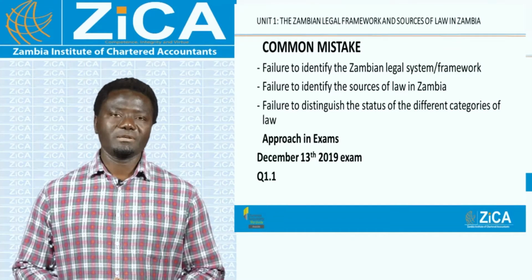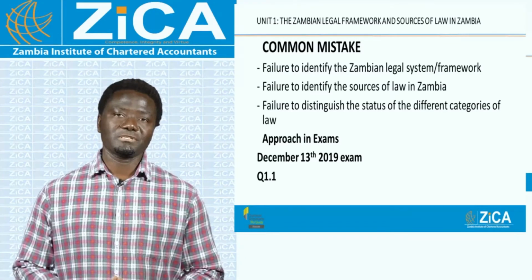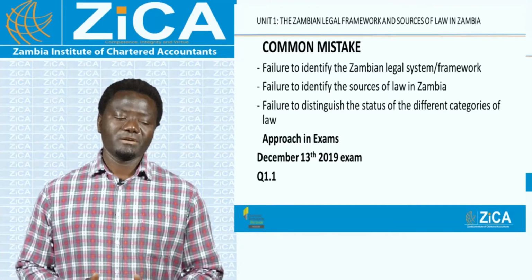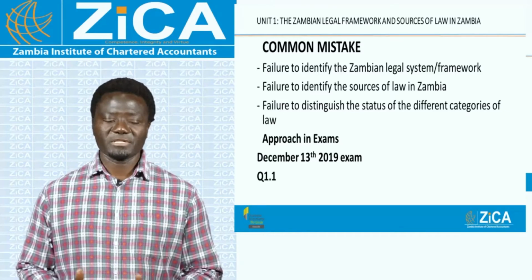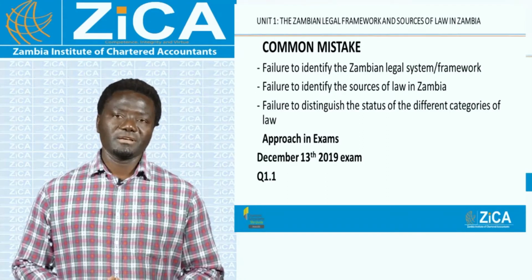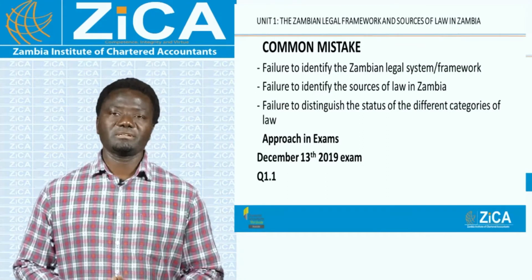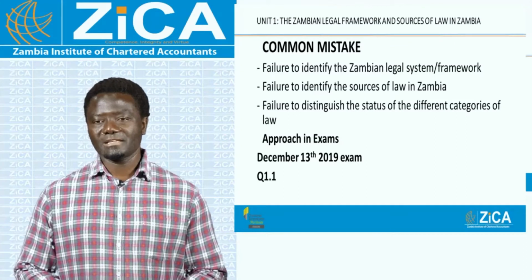Question number 1 from that paper asked students to identify what the 2 main general sources of law are. And from there, you have these different multiple choice options that are there.